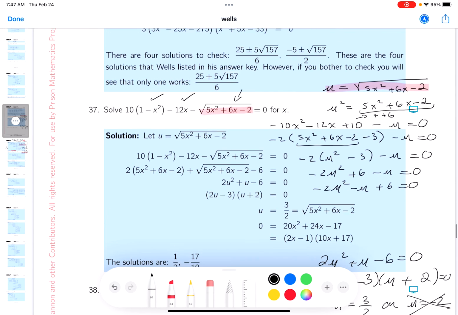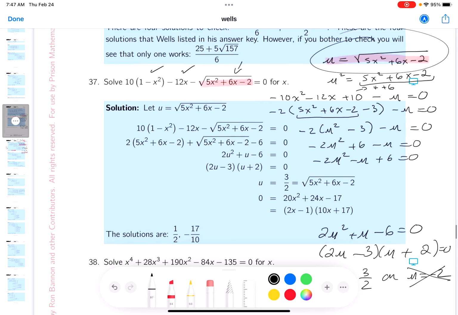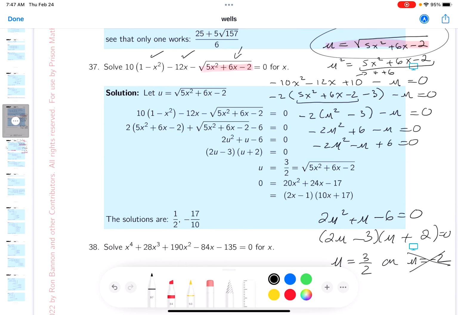Again, we're using this now, all right? So I write that down. Again, I can't use the minus 2 because the root is the principal root. So what do you get over here? 3/2 is equal to the square root of 5x squared plus 6x minus 2. What do I have to do? Well, I'm going to multiply both sides by 2 just to make it a little bit easier for me.